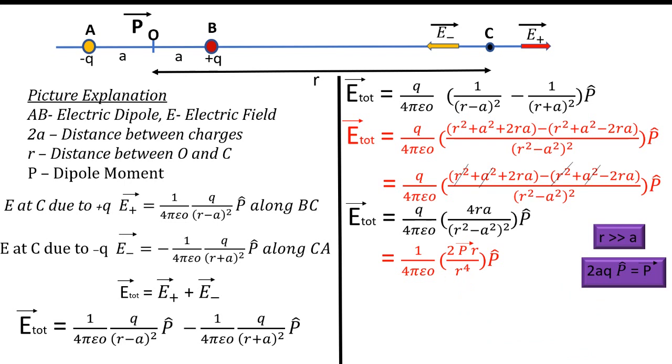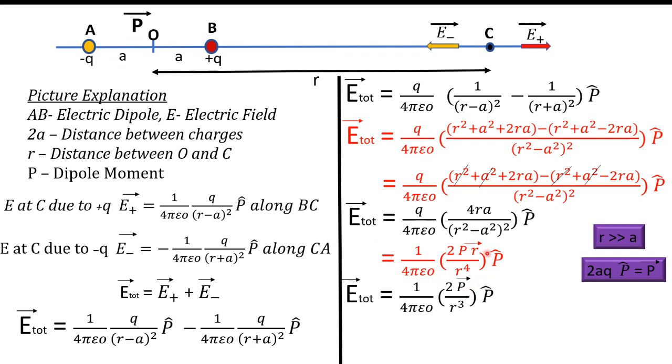Here the r and r power 4 get cancelled, and so we get r cube. So E total will be 1 by 4 pi epsilon 0 into 2p divided by r cube into unit vector of p.